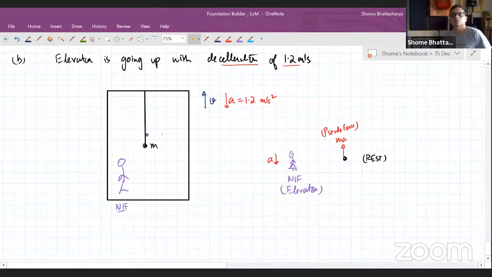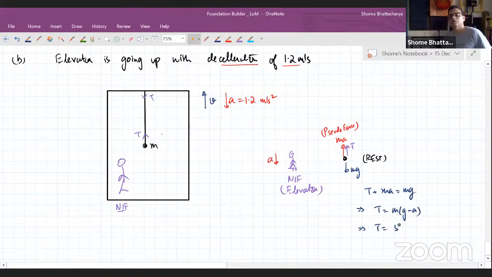And of course, there's tension T acting upwards and the weight of the block acting downwards. If it is at rest, the sum of tension and pseudo force together balances mg. So in this case, the tension will become 50 grams multiplied by 9.8 minus 1.2.